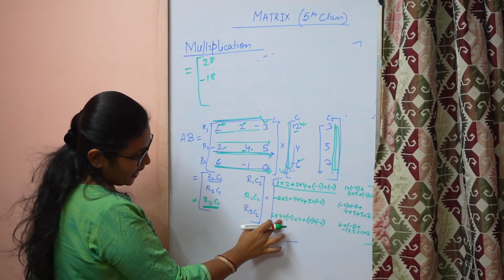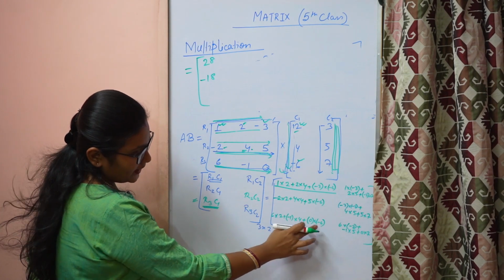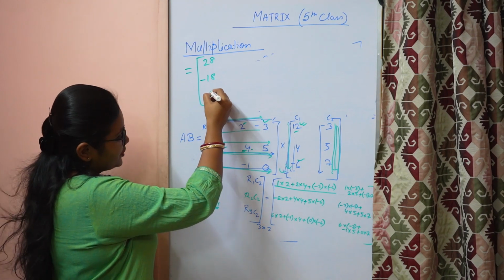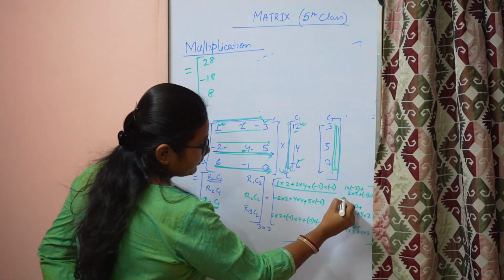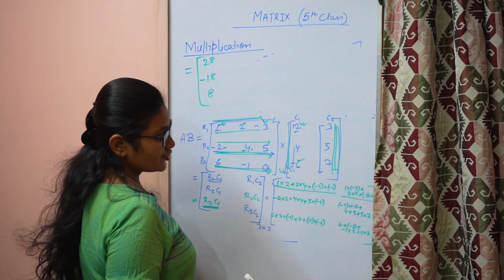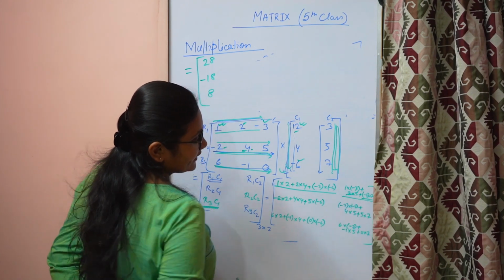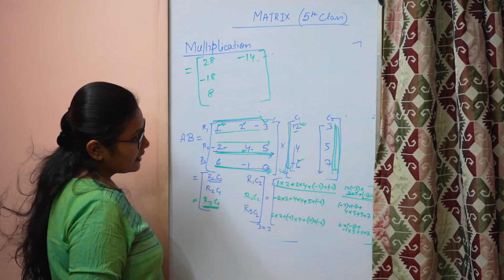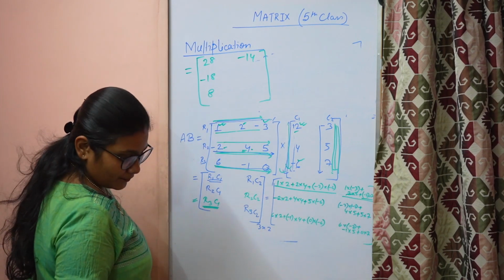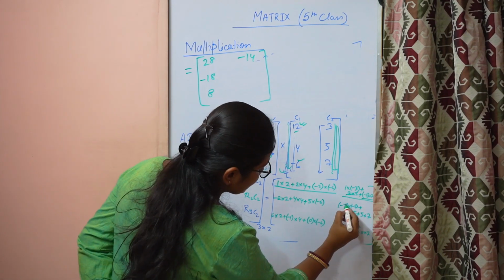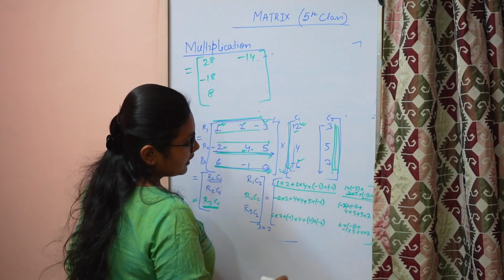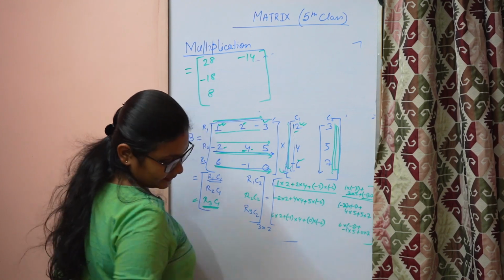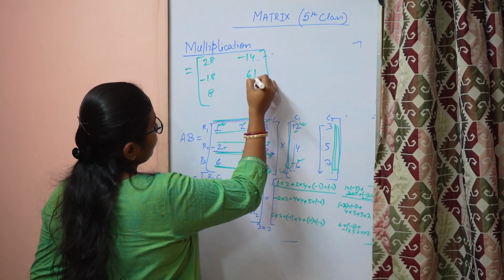Then 6 into 2 is 12, plus minus 4 plus 0, so 12 minus 4 means 8. Then 1 into minus 3 is minus 3, plus 10 minus 21, so it will be minus 14. Then minus 2 into minus 3 means plus 6, plus 20 plus 35, so it will be 61.